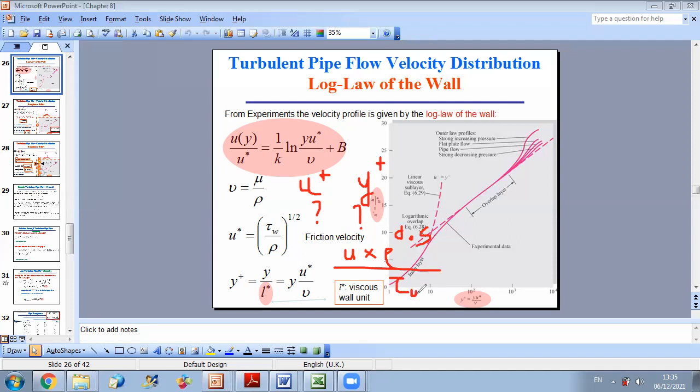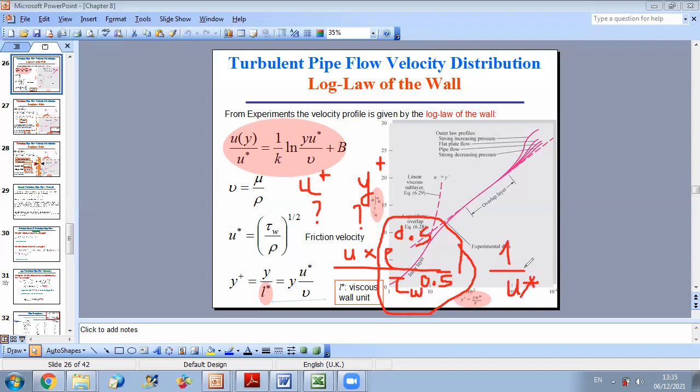You can try it as an application of chapter 7. From this definition, you can say that this number should have the dimension of 1 over velocity. This is why we can define a characteristic velocity u star.